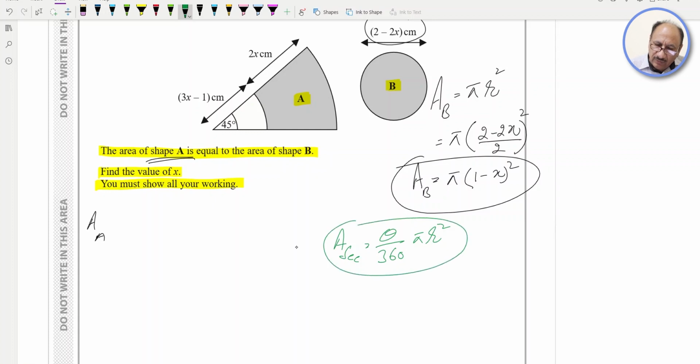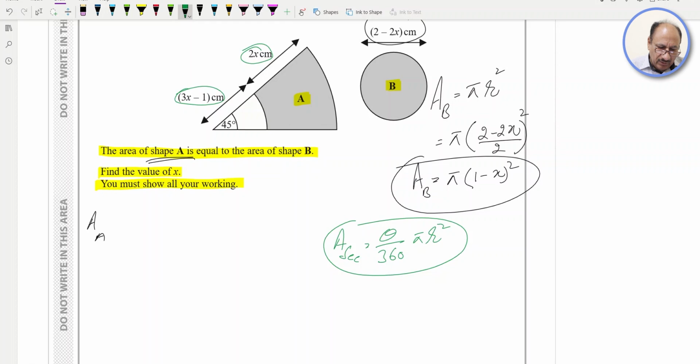This will be the area. Now we need the area of the bigger sector with radius this plus this, and we have to subtract this white portion also. So for the white portion we will take radius 3x minus 1, and for the bigger one we will take 3x minus 1 plus 2x.